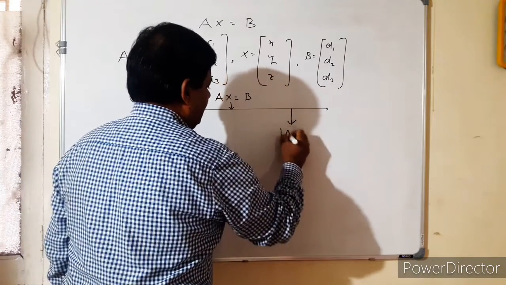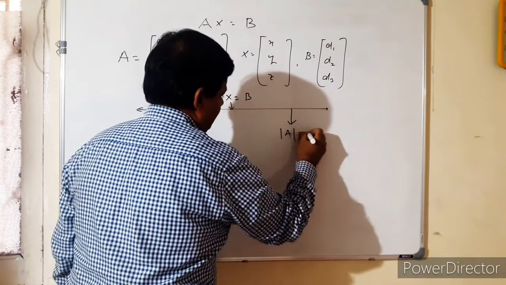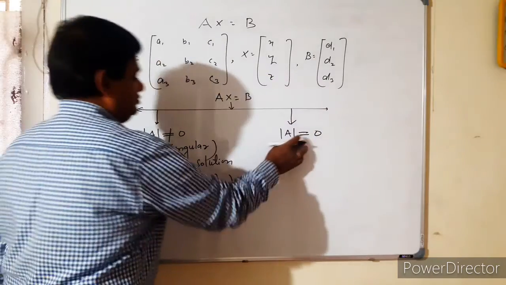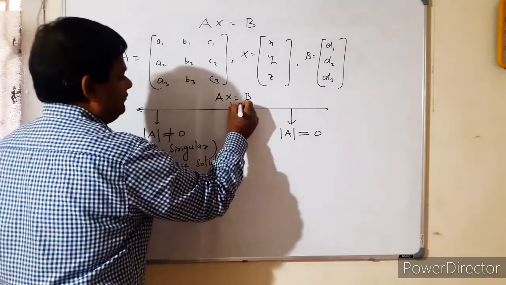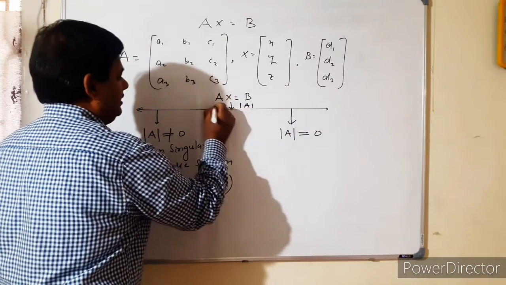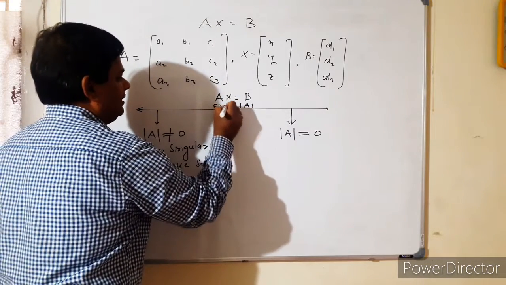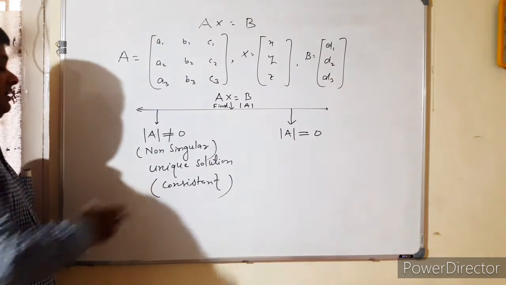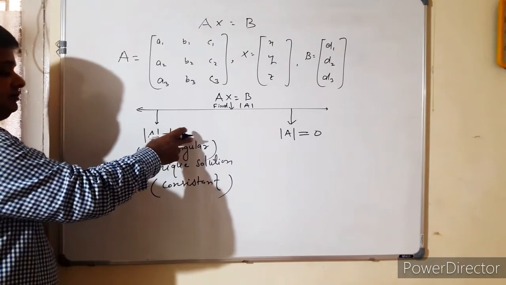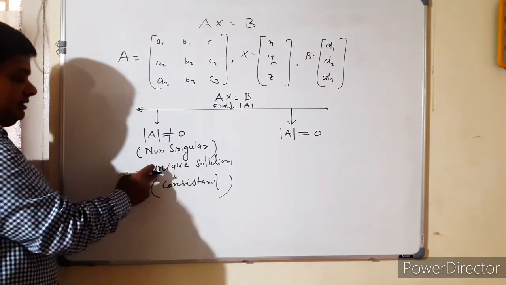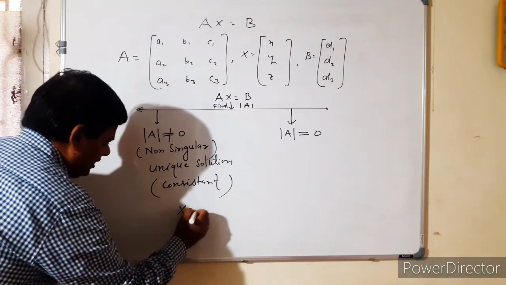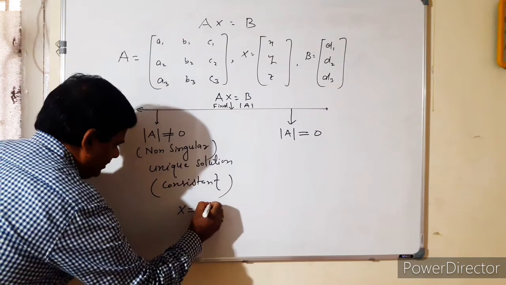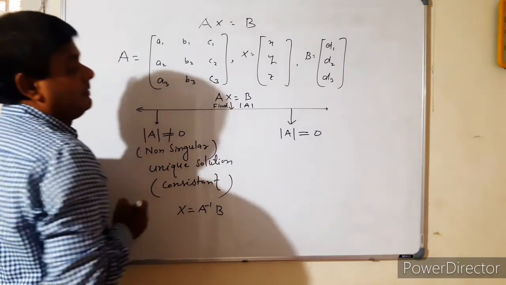So find determinant A. If determinant A is not equal to 0, non-singular, unique solution, consistent, and use the formula X equal to A inverse B.